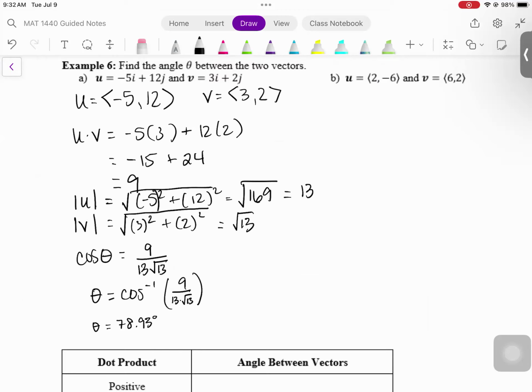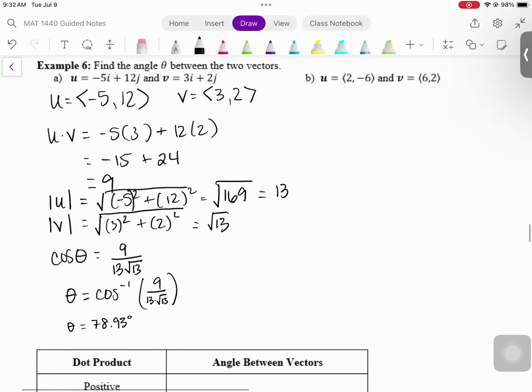Now you could sketch those two vectors to make sure that that angle theta seems reasonable. -5, 12 is going to be in the second quadrant. And I'm just sketching this, so trying to make that 12 distance look a little bit like twice that -5 distance.